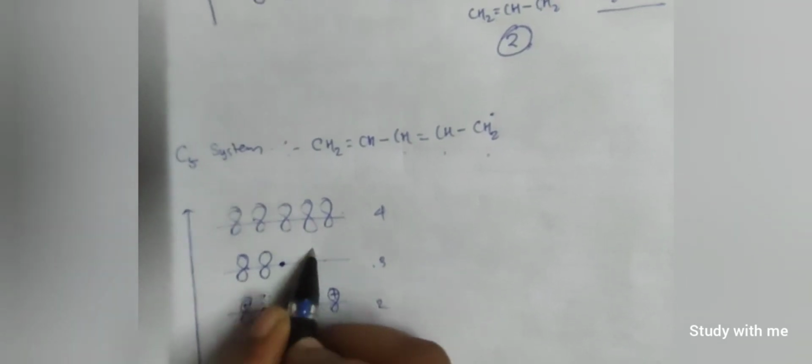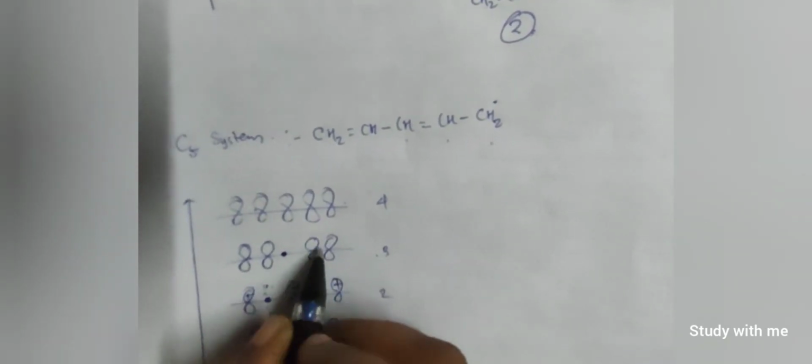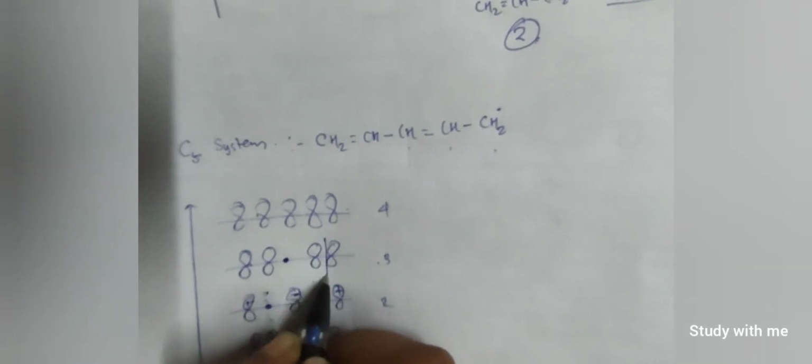So what can we do now? The first 2 orbitals will be drawn here, and the second 2 will be drawn here, and we introduce a node here like this, because this has positive and this has a negative sign, and this will be positive and this will be negative. This is how we draw the C5 system.